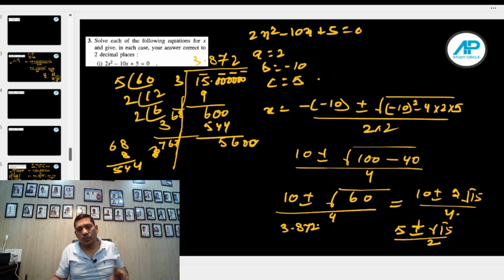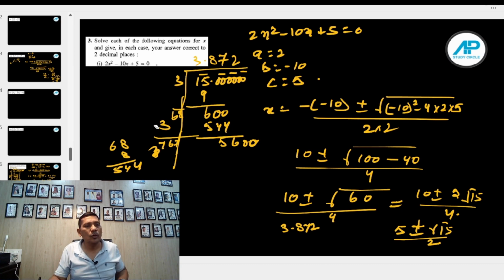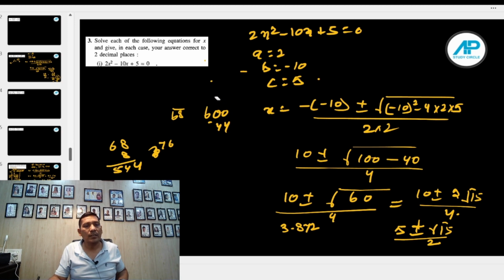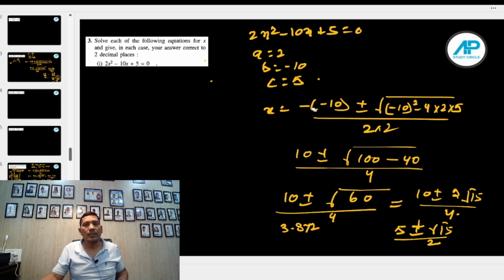But I only want two places. Now, what I should do is keep on solving it further. Let me clean this board a little bit. I hope you understand this much procedure by now. What we are doing is simply finding the roots by using the long division method.